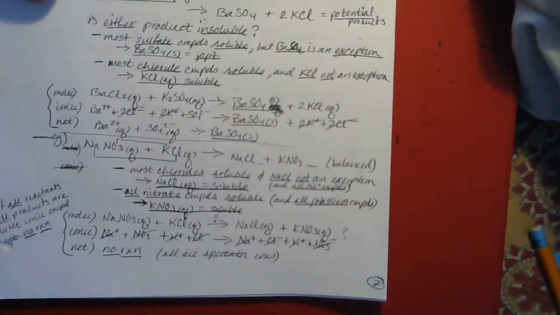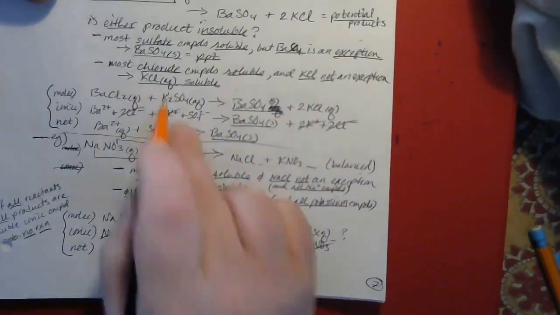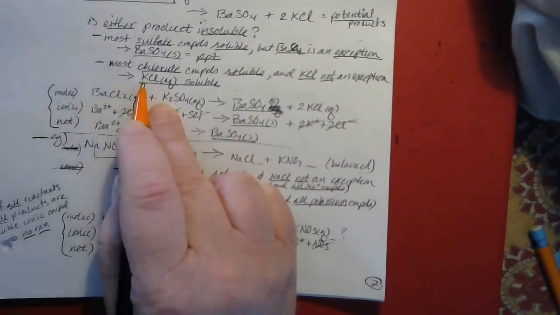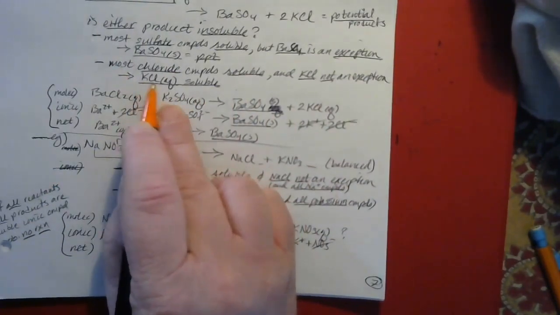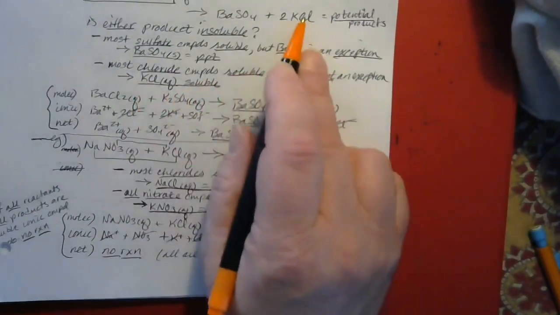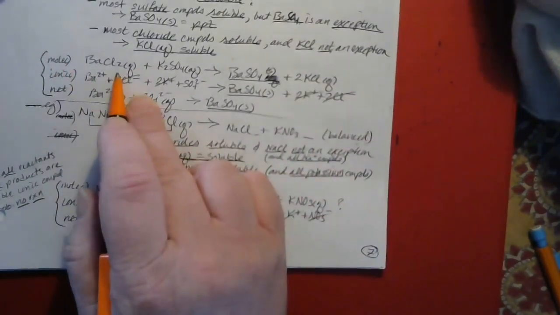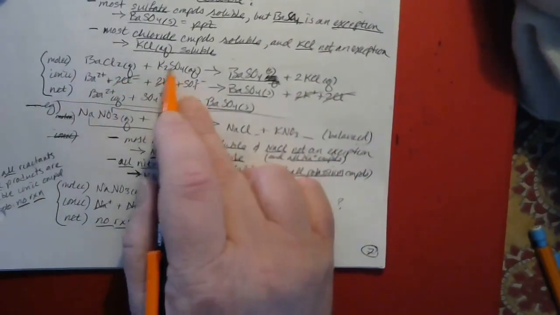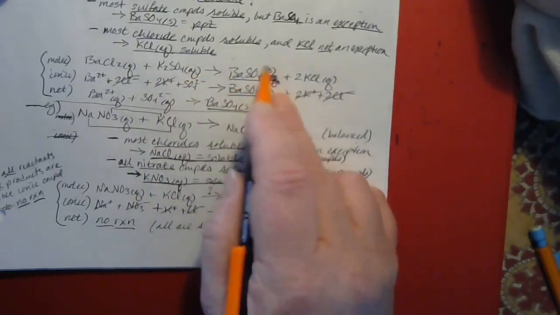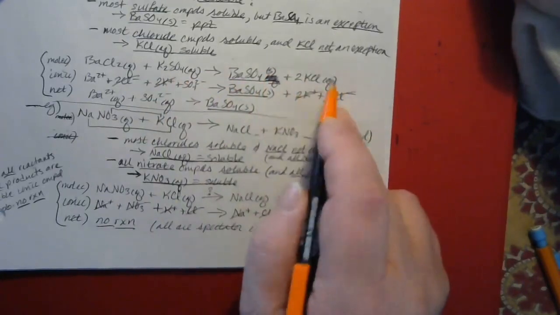As I said in the last segment of the videos, all compounds involving metals from group 1A, which include potassium, are soluble. So just the fact that this compound has potassium in it tells you right there that it's soluble. So that will be aqueous. And so our molecular equation will be BaCl2 aqueous plus K2SO4 aqueous yields BaSO4 solid plus 2KCl aqueous.